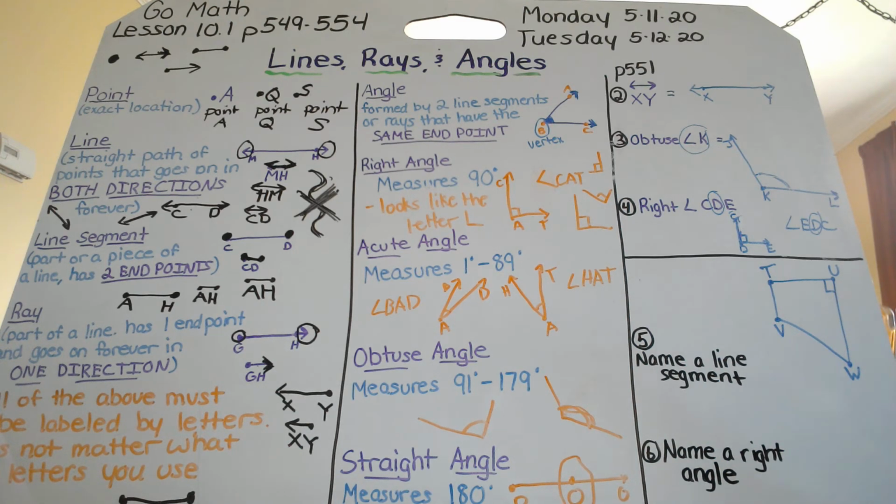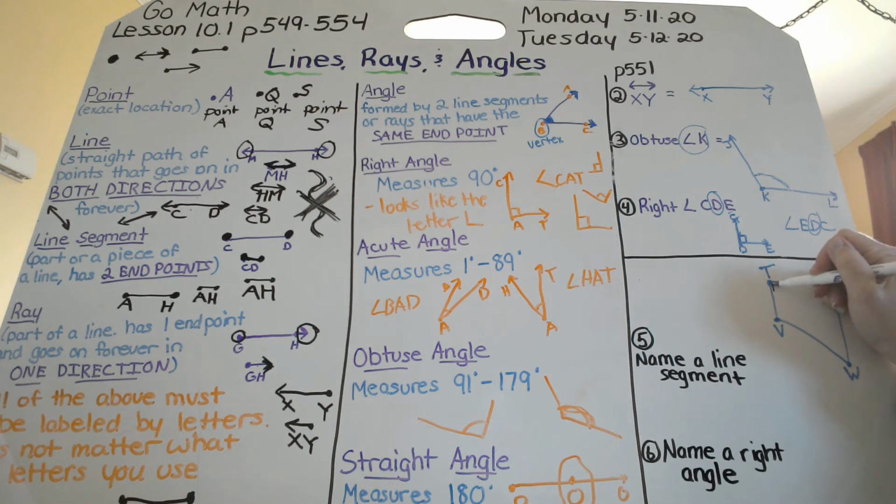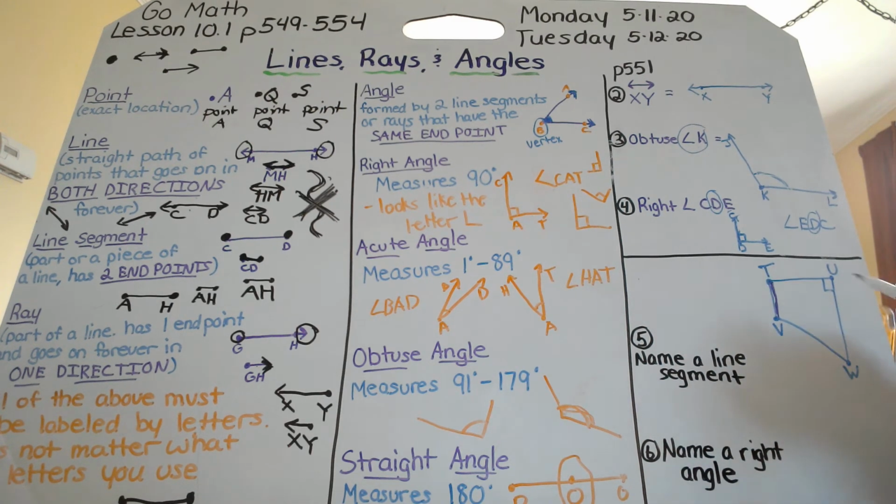I think I heard somebody say TV. Look at this one right here, and I'm going to outline it in purple so you see it. TV. There's an endpoint here and an endpoint here. So that absolutely can be one of those.